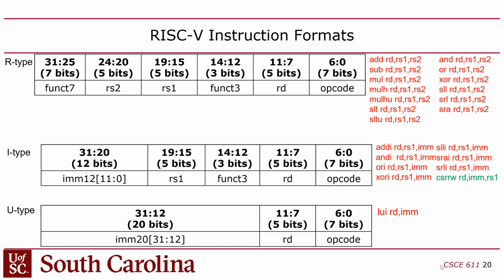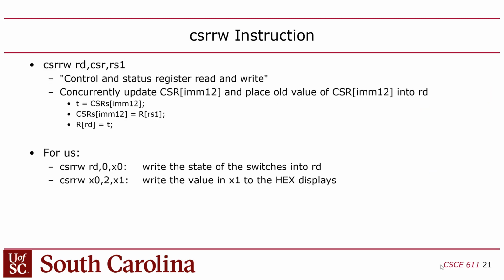But if you look in the RISC-V specification, they don't say immediate 12 there. It says CSR, right? Which is the CSR register you have specified in the instruction, but it's the same as the immediate 12. It is the immediate 12. To me it's less confusing to say immediate 12 because the immediate 12 is the way that you specify the CSR register.